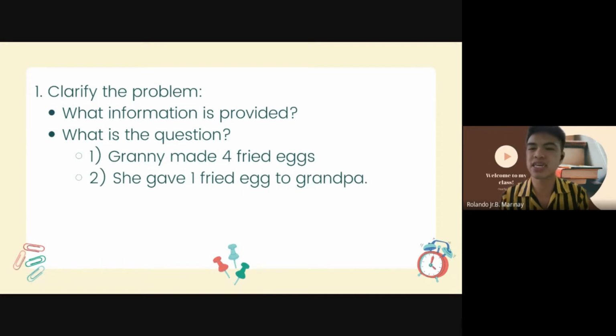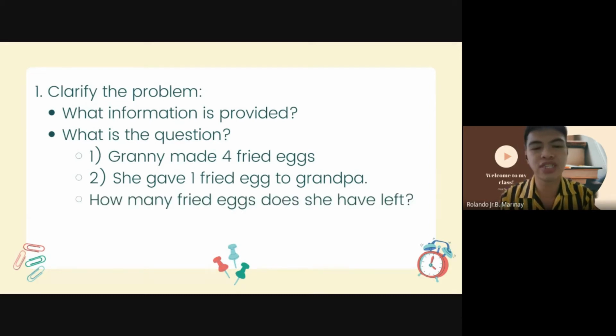And the next information is that she gave 1 of the eggs to the grandfather. So that is the information. So what about the question? What is the question that is given in the problem? So the question is, how many fried eggs does she have left? Okay. And some of you answered already.